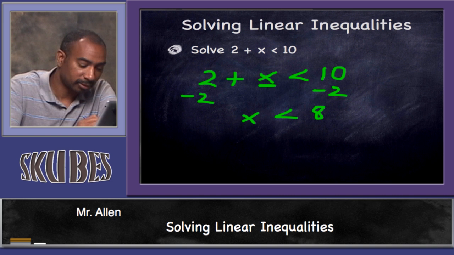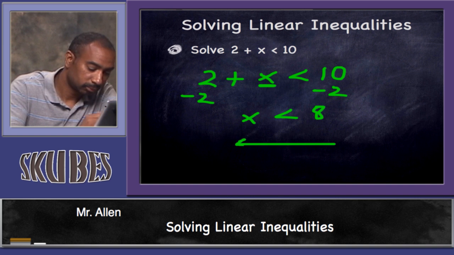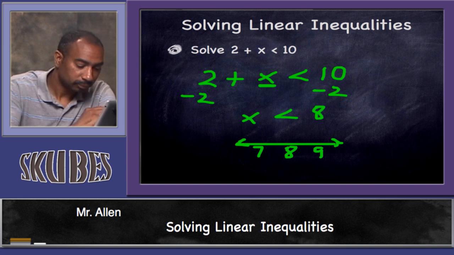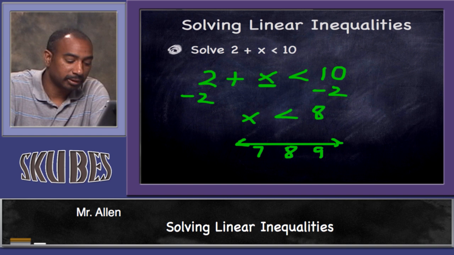And you can demonstrate that on a number line, where this is 8. All numbers that are strictly less than 8.